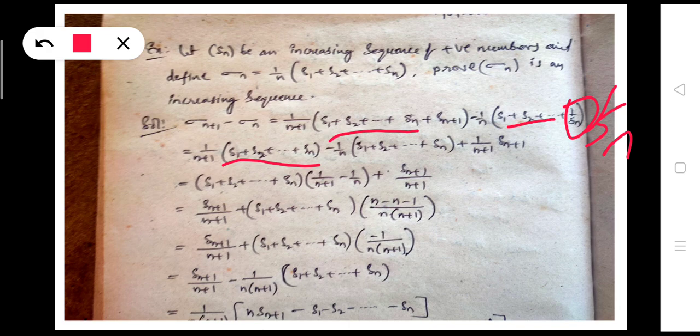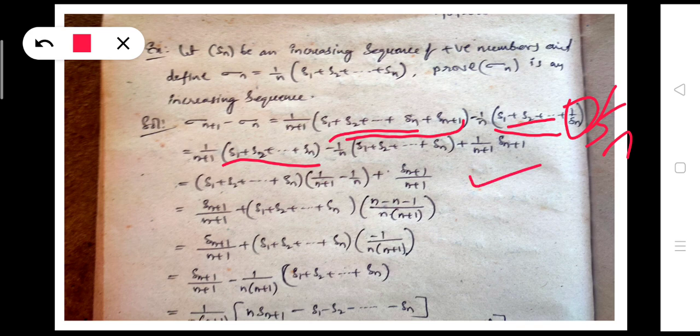So the remaining terms are minus 1 by n into (S1 plus S2 plus ... plus Sn), and one more term, 1 by n plus 1 into Sn plus 1.